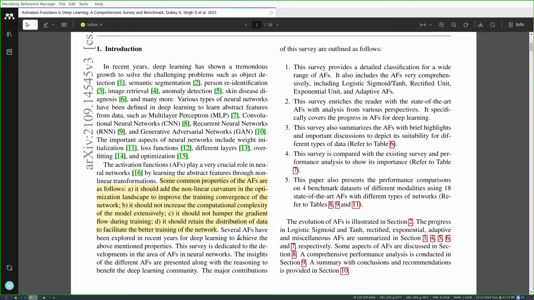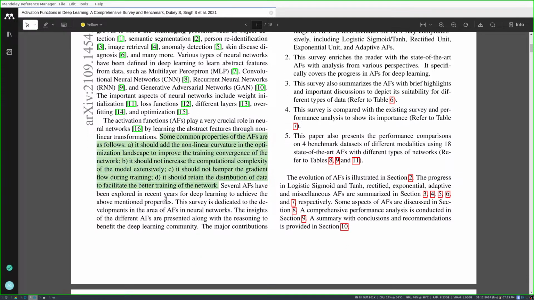Several activation functions have been explored in recent years to achieve the above mentioned properties. The survey is dedicated to presenting insights into the different activation functions along with the reasoning, to benefit the deep learning community.